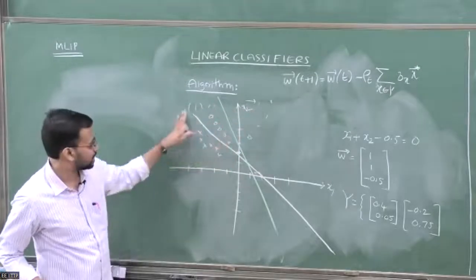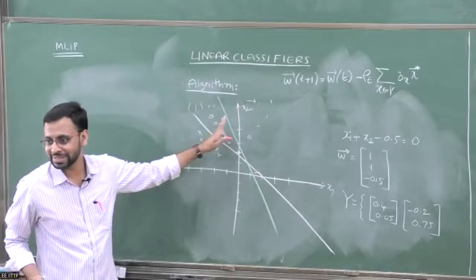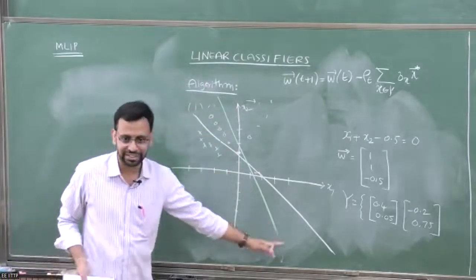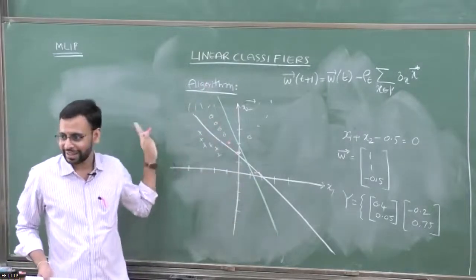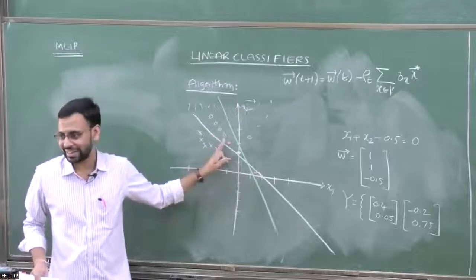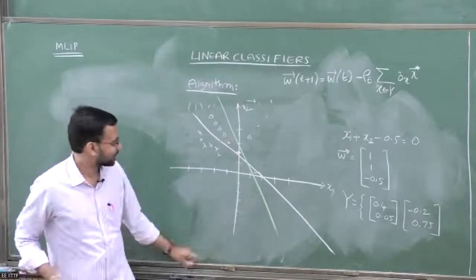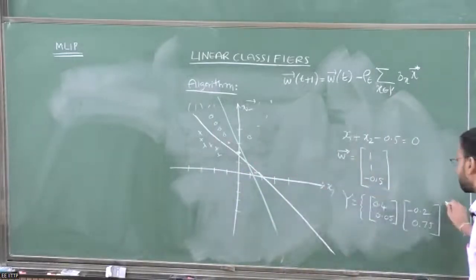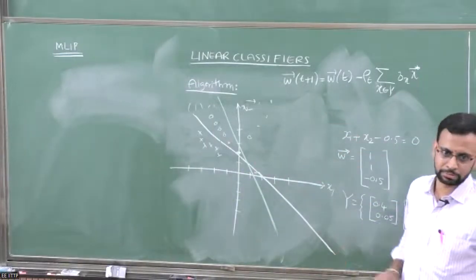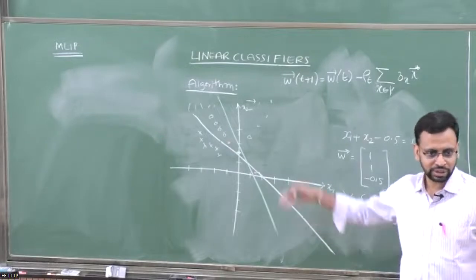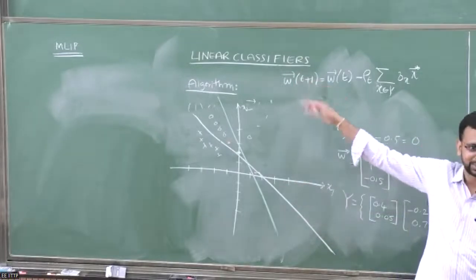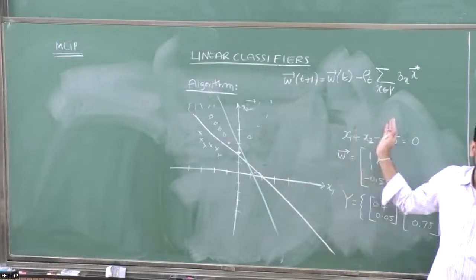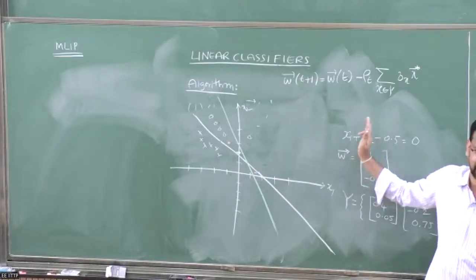This is a line that will respect all the earlier ones, but will still do the correct classification. So that's what you should end up with. Given these two points, now calculate the new line. That is the problem given. Please work it out, not now, but after you go, and come to the next class after working this out.